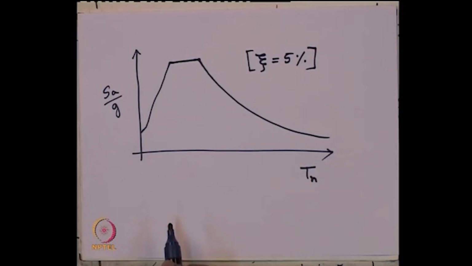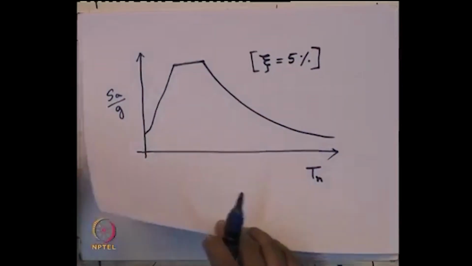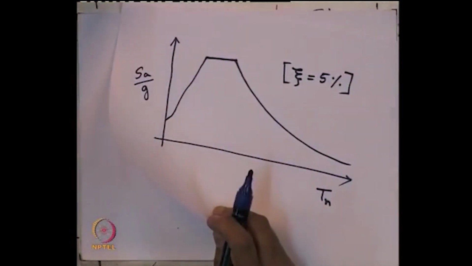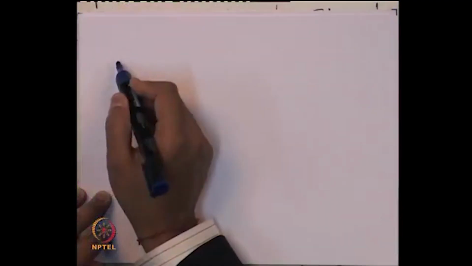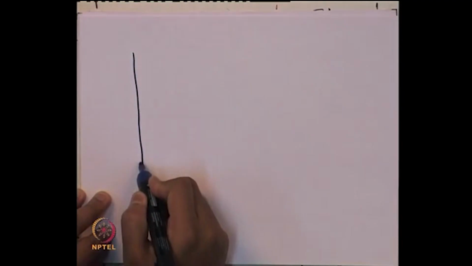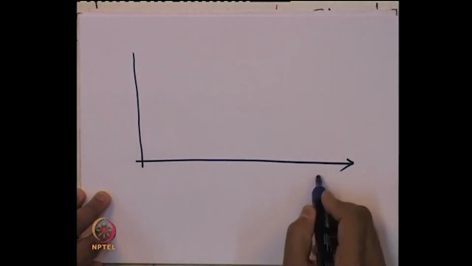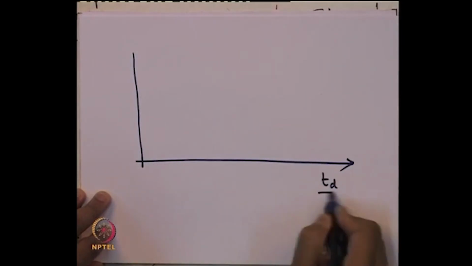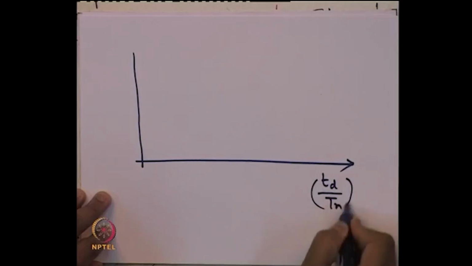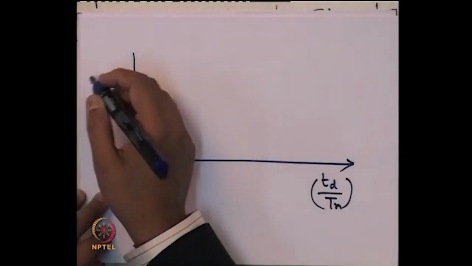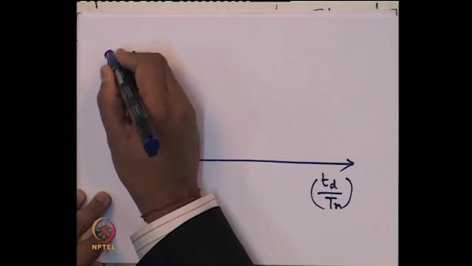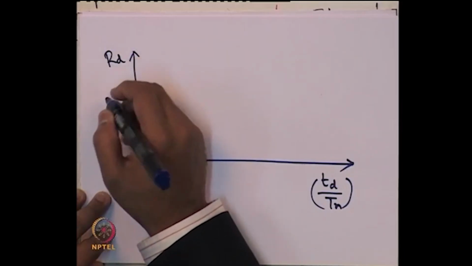Okay? And if I want to plot this u(t) max by u_st for our case, let us see how it should look. So, I am now plotting this value of R d versus Td by Tn. So, this is the variation of Td by Tn with respect to R d, R d as I have defined.